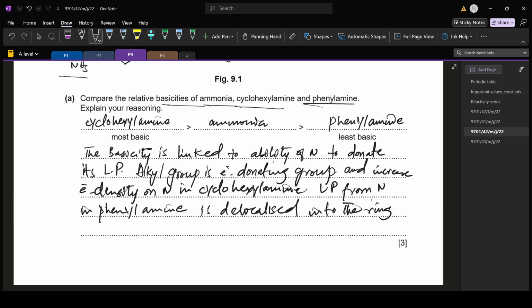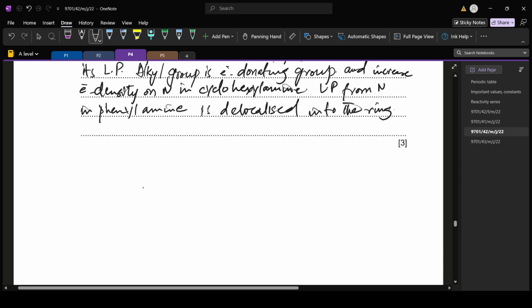That's why it decreases charge density on nitrogen. So this is your reason.